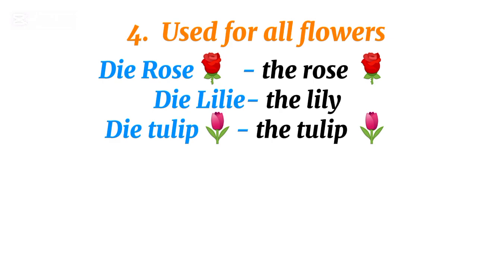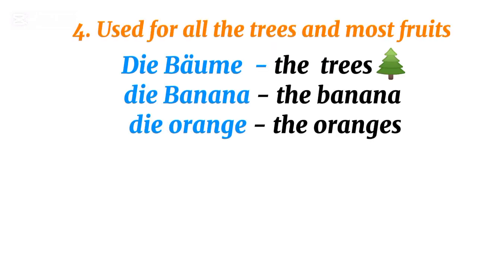Rule number 5. Trees. All trees, and all these trees and fruits, are given a die article. They assume fruits like bananas, okay? And most of the fruits, a good number, are given a die article.